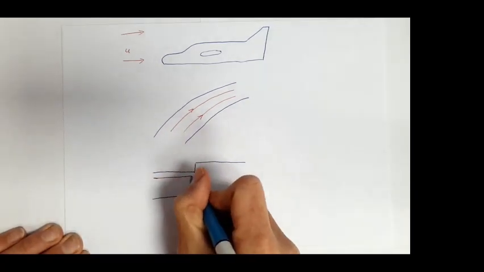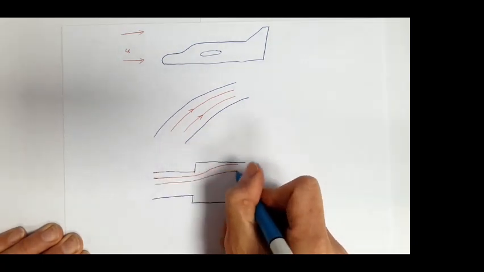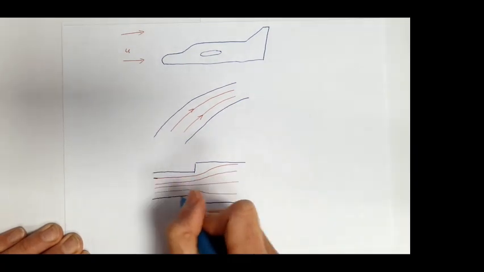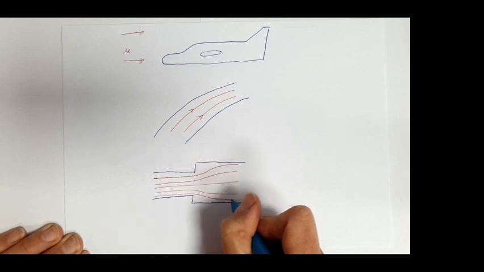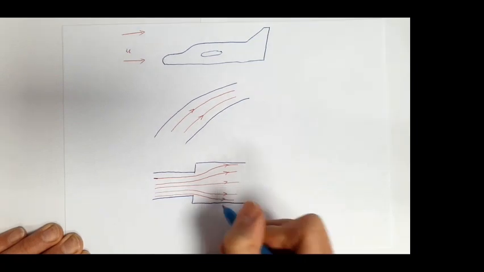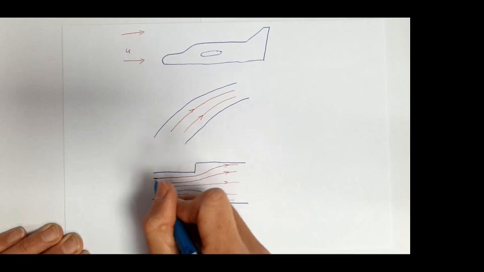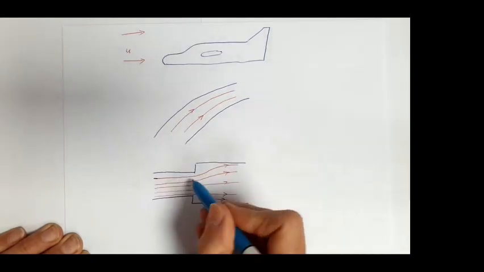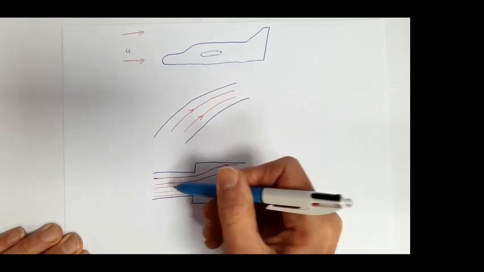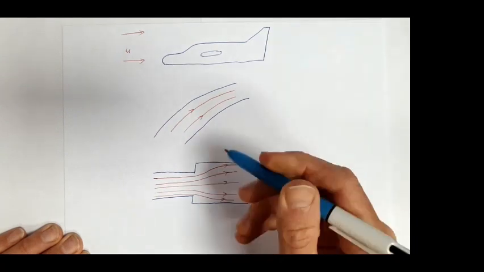So our fluid might flow something like this. Now, our fluid is flowing along our pipe, and our pipe expands, our fluid expands. So here we've got a high pressure region where our streamlines are close together. Here we've got a lower pressure region where our streamlines are further apart.